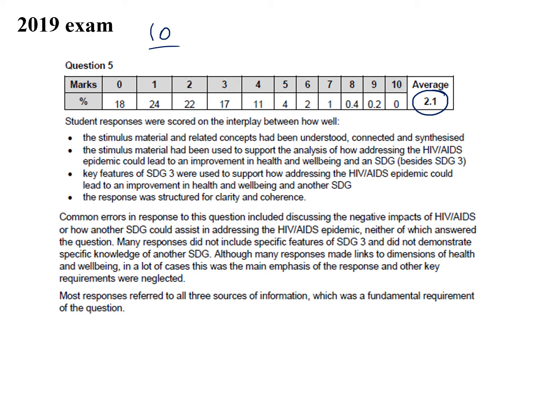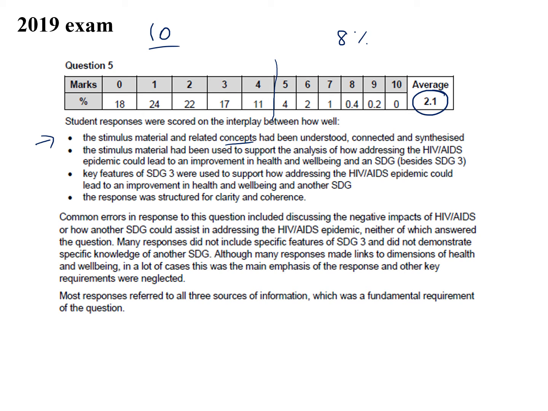Okay, again, if we look at this, the absolute vast majority of students were getting 4 or less, only 8% of students got higher than 40% on this. Okay, again, they're looking for lots of different things. They were looking at the stimulus material and how it related to the concepts.